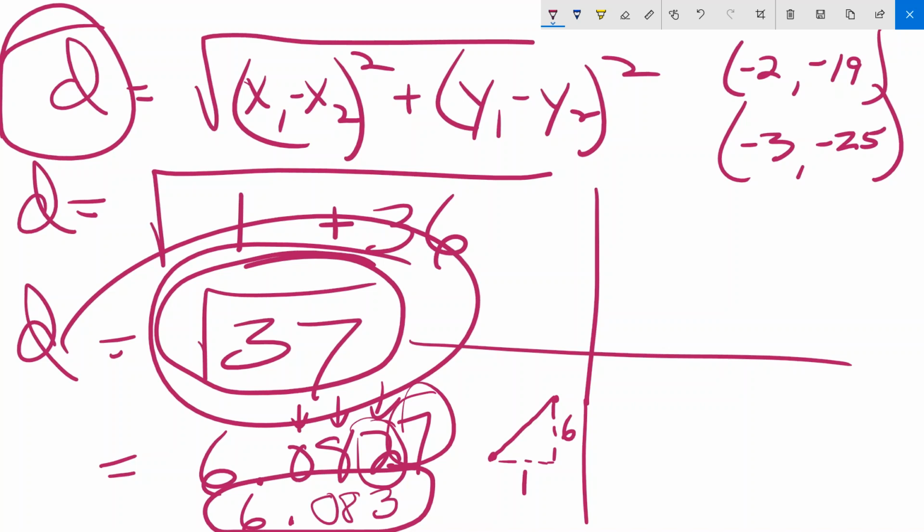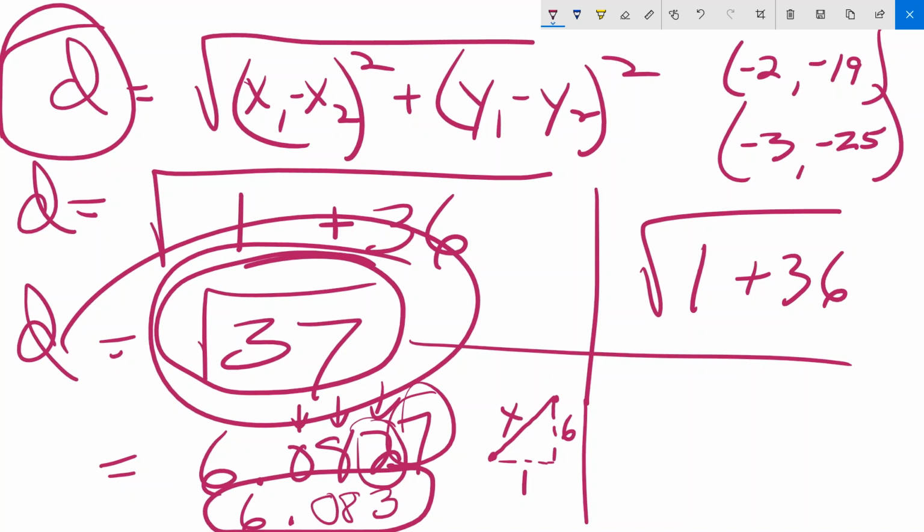The reason I don't care whether there's a sign on it or not is because this distance right here, x, is the square root of the sum of the squares. In other words, it's 1 plus 36. That's the sum of the squares of the sides. In other words, it's the Pythagorean Theorem. That's all it is. If you understand the Pythagorean Theorem, and boy, if you don't, you need to.